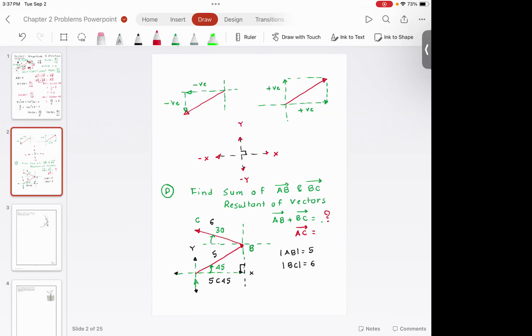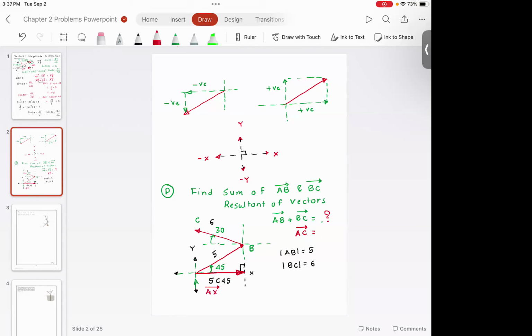Is this 5 cosine 45 in the positive x direction or the negative x direction? Good. So do you agree with me that this vector, which is vector AX, is in the positive x direction? Do you agree with me?